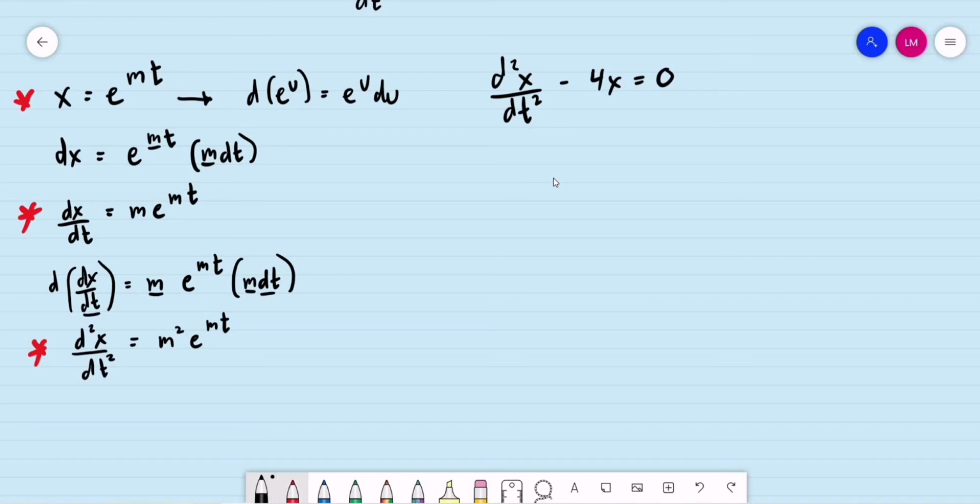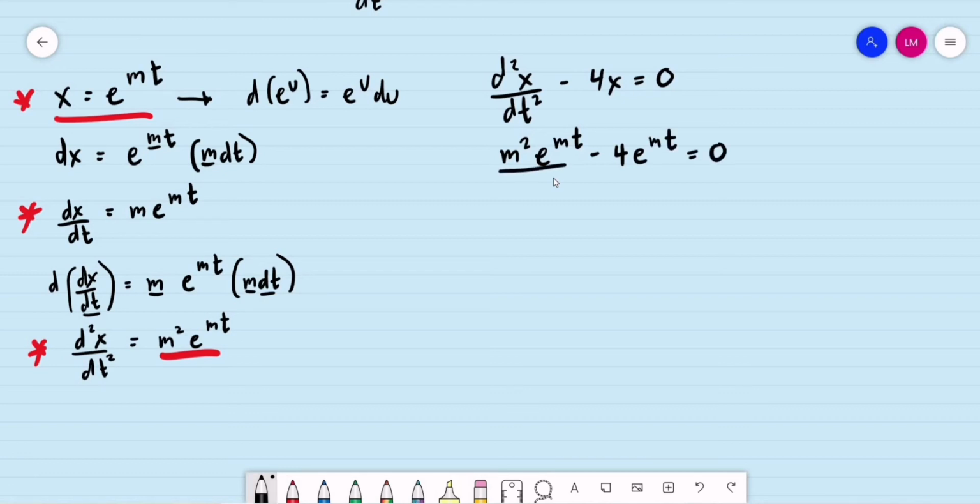What is the equivalent of d squared x over dt squared? We have m squared e raised to m times t minus 4, and what is the equivalent of x? The equivalent of x is e raised to m times t. So it's 4 times e raised to m times t equal to 0.